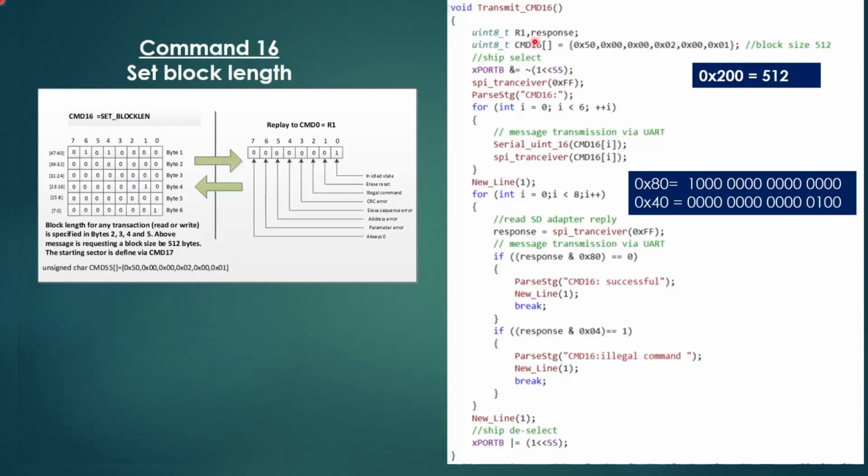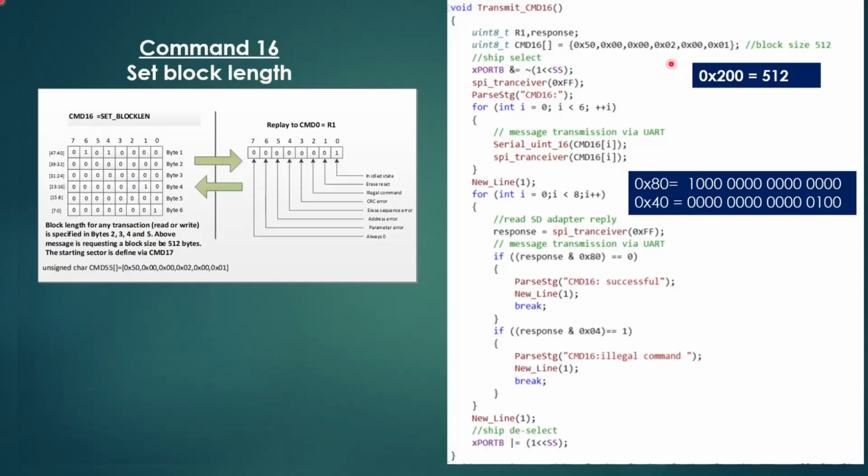So let's look at the routine transmit command 16. This is the command number, which is hex 50, and let's see how we transmit the 512. These are zeros, and then in this byte we put a 2, followed by 0, 0, and then this is the CRC.